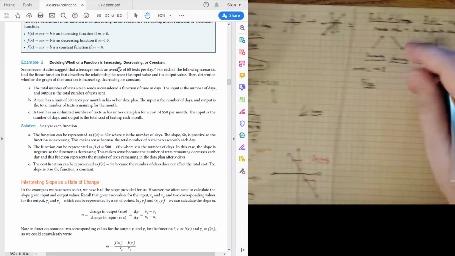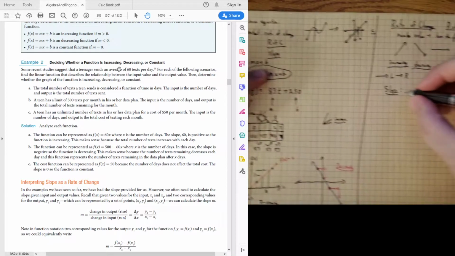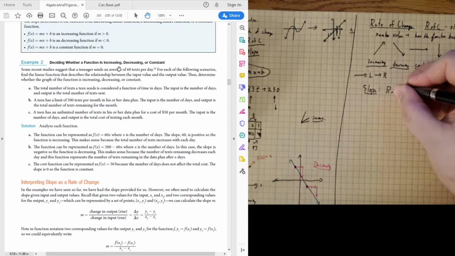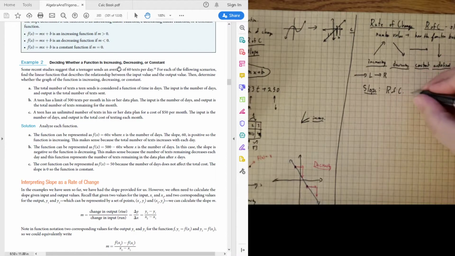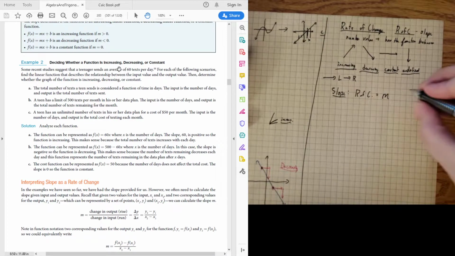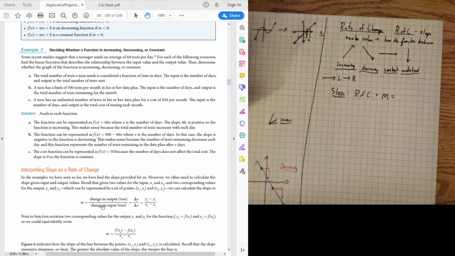In our formula, over here, slope is considered to be m. It is the rate of change. So in my formula here, I want to make sure to recognize the slope as the rate of change, and it's represented by m. There are a few different ways to write slope in mathematics, and each of these ways is dictated down here in our definition in the book on page 283.